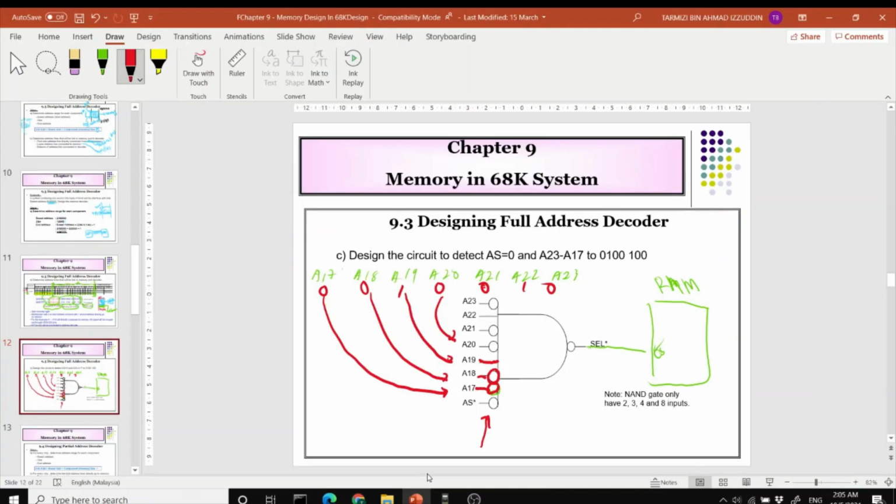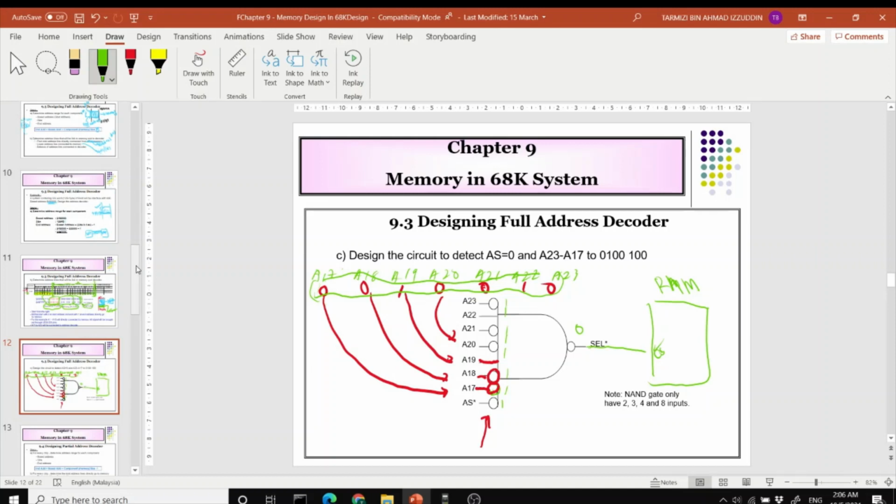So whenever this condition is detected on the address bus, all of the outputs on these pins will be 1, causing the select to be 0, causing the RAM that is connected to the address decoder to be selected. So this is how you design your full address decoder.